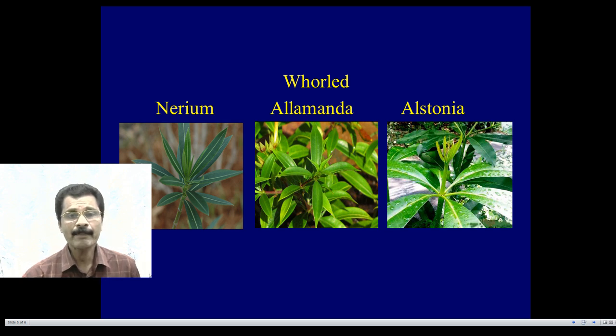As in the case of Alamanda, four leaves arise at each node. As in the case of Alstonia scholaris, you can see six leaves arise at each node. Such a type of phyllotaxy is called whorled phyllotaxy. Would you follow me?